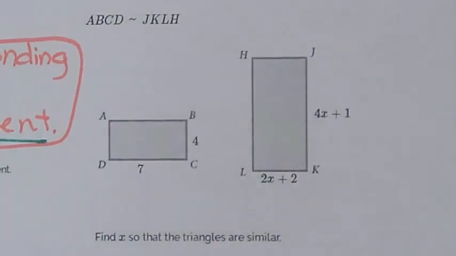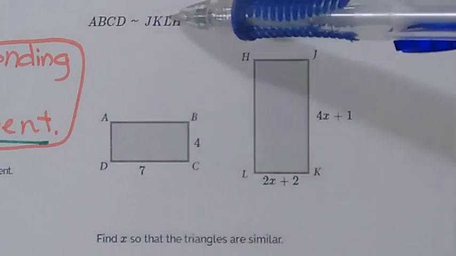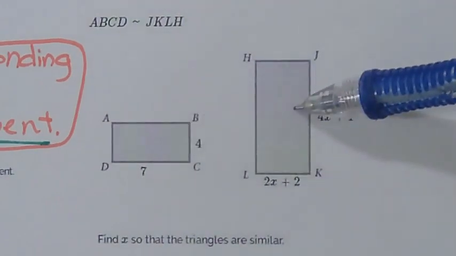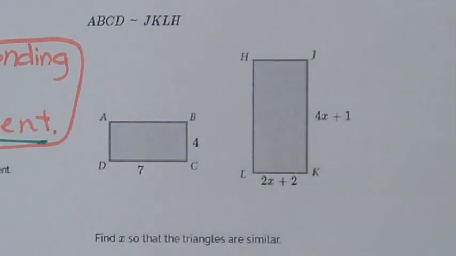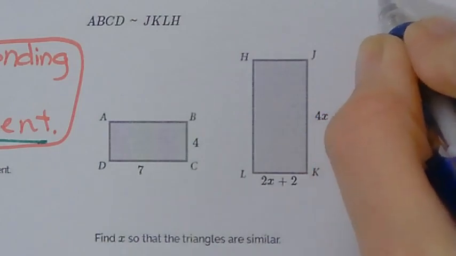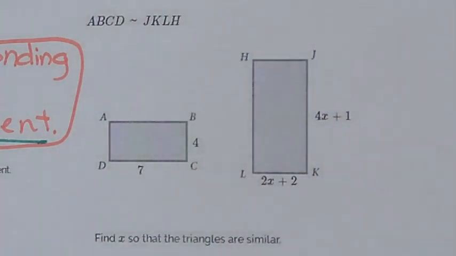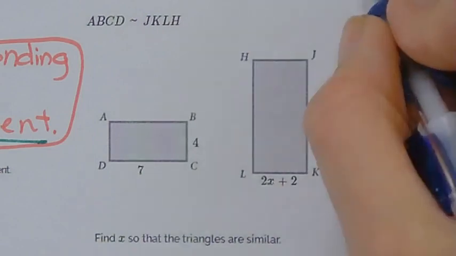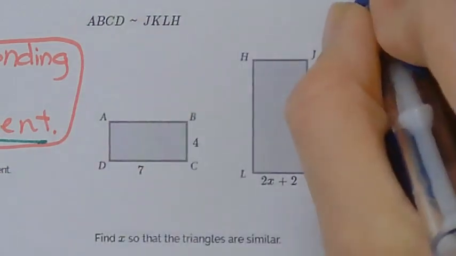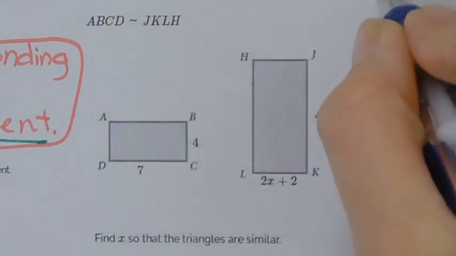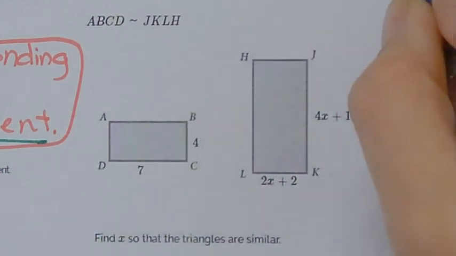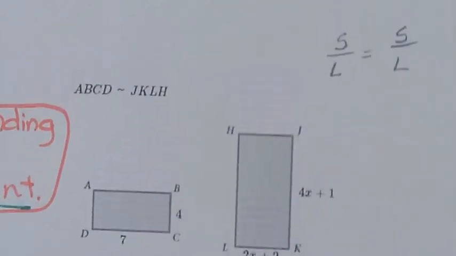Okay. So this one says that these two triangles are similar, and then what they want us to do is find x. Okay. So we're going to take our smaller rectangle, or our one on the left, and I want to do short side over the long side, and then I'm going to do my larger rectangle, the short side over the long side again, right?